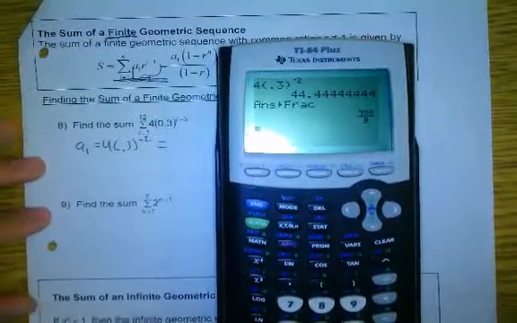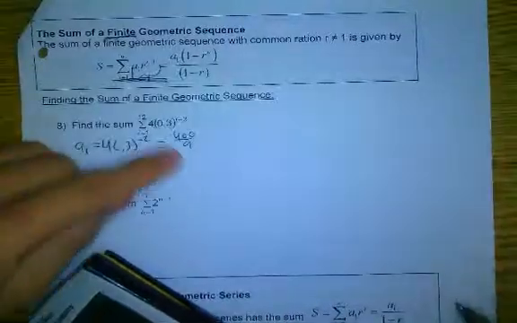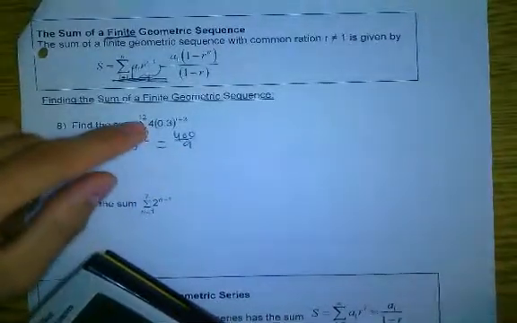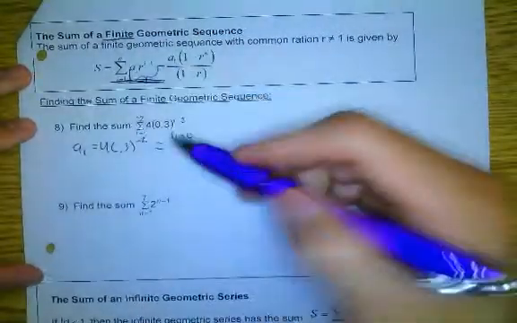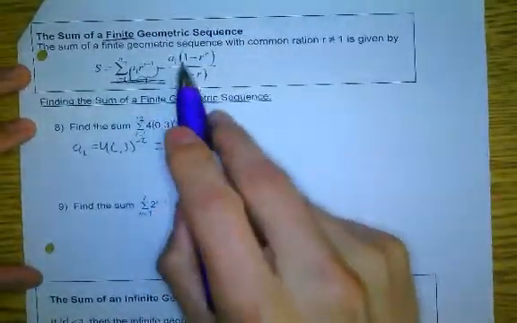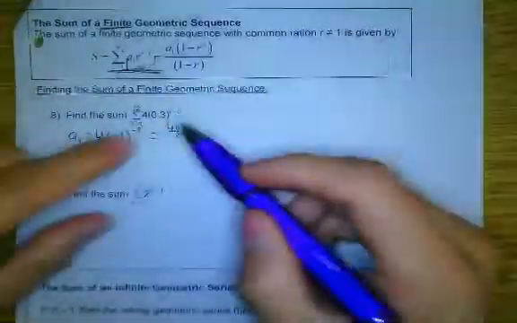Okay? Now that you know your first term, you need to know your rate. Well, your rate is going to be how it looks in there. This is your rate, the 0.3. Okay, so your rate is 0.3. So now you are ready to apply your information into the formula.